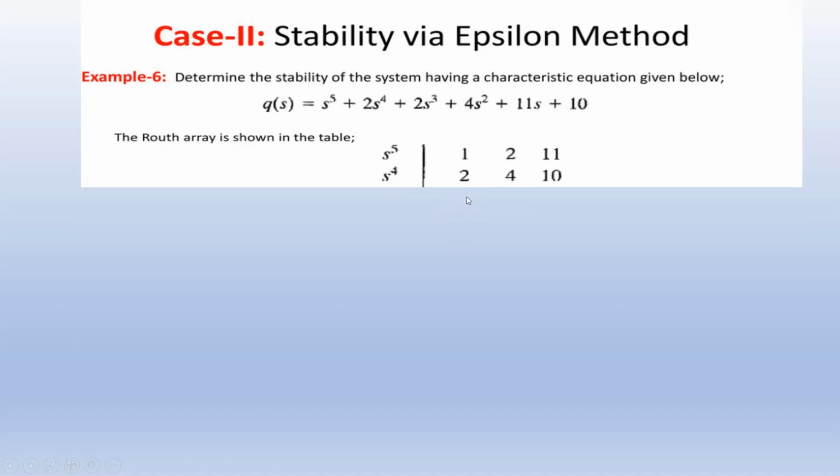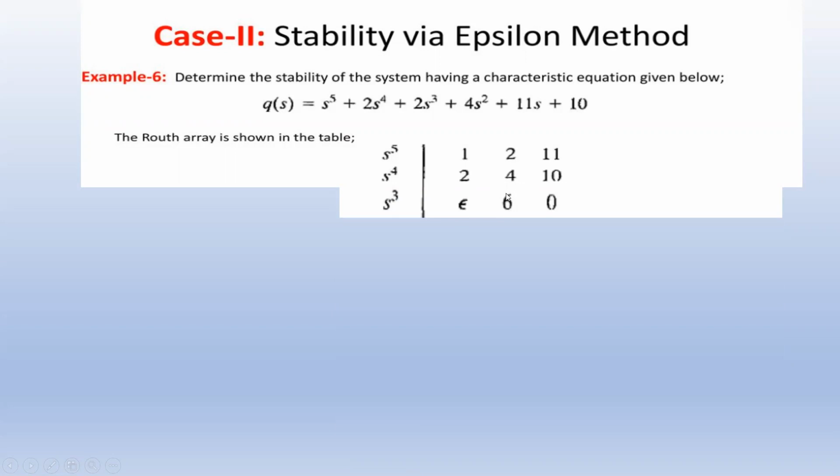By placing this small value epsilon, which is tending to 0, we can comment about the stability of the system. So removing 0 and placing epsilon over here would be a great idea.